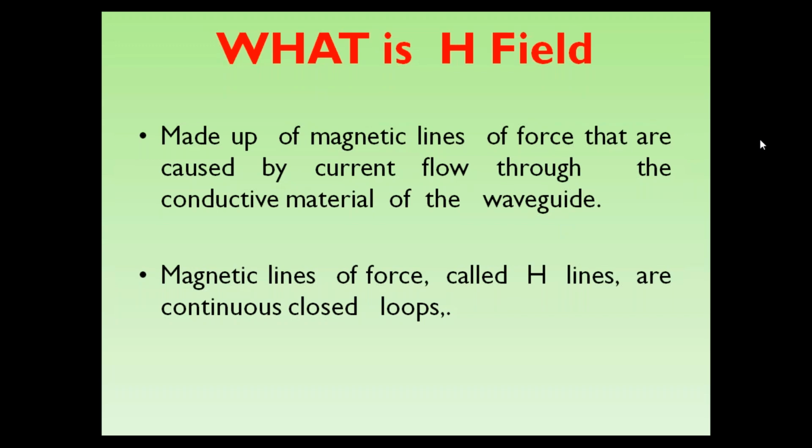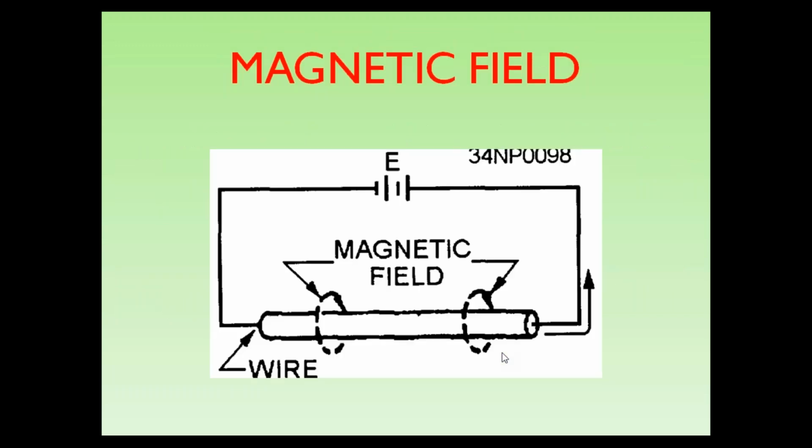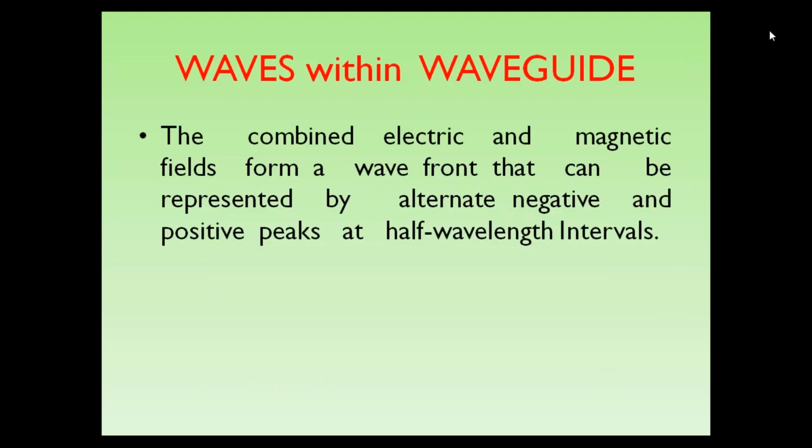These magnetic lines of force are caused by the current flow through the conductive material of the waveguide. This is how we get a magnetic field: a magnet having a conductor. When we pass an electric voltage, a loop is created, and that gives you the magnetic field.